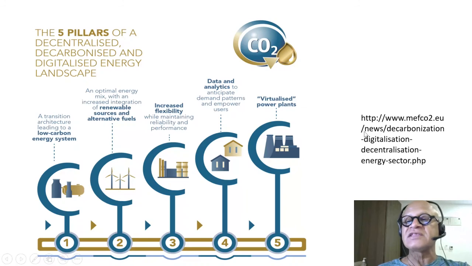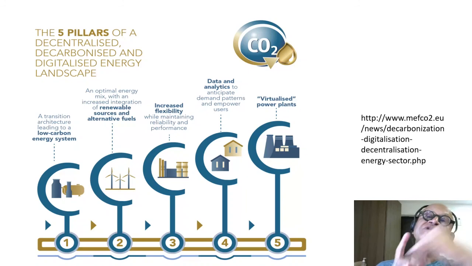This is one example from the EU, which talks about the 5 pillars of a decentralized, decarbonized, and digitalized energy landscape. By all understanding, the energy system needs the biggest and the fastest decarbonization. That's the root cause.